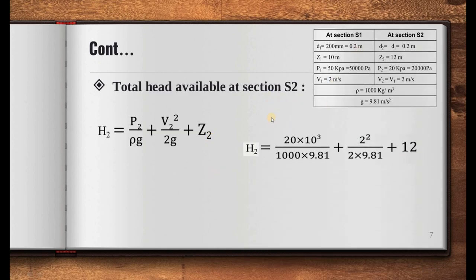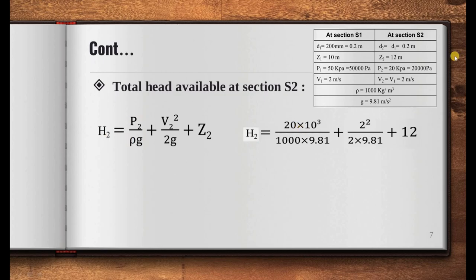As per the given data, P2 is 20 kilopascal, that is 20 into 10 raised to 3 Pascal, divided by rho, 1000, into 9.81, that is g, plus V2 square upon 2g, so 2 square upon 2 into 9.81, plus Z2 is 12. When we calculate this, we get H2 equals 14.23 meter.